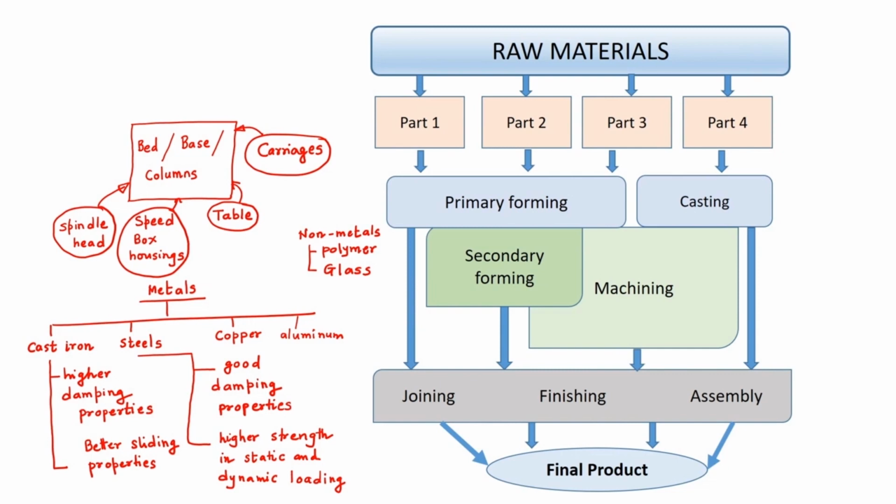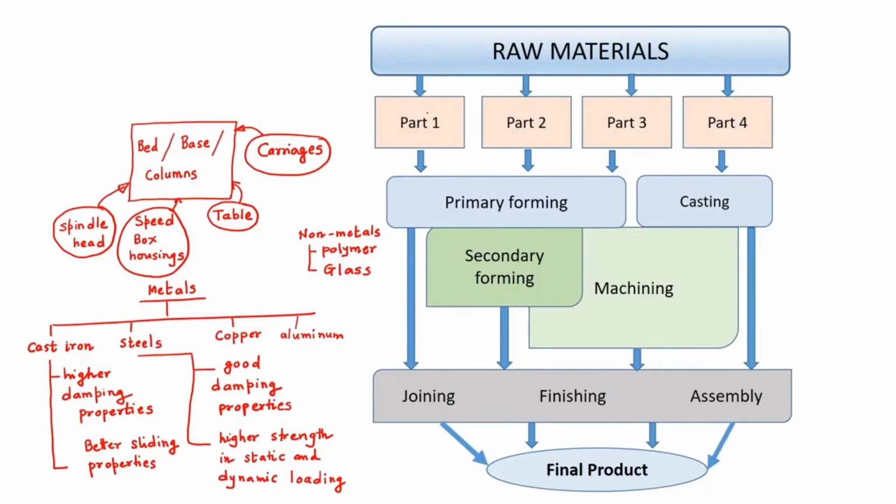Now, as far as the manufacturing or the fabrication of the automated systems is concerned, let us consider part 1, part 2, part 3 and part 4 are nothing but the bed, base or the columns, the spindle head, the table, carriages or the skin of the automated system. Now, as I mentioned, we need to design them and fabricate in house.